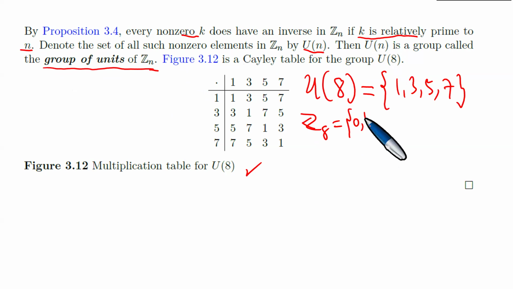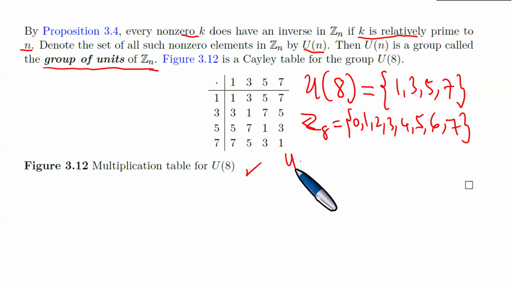Z8 is 0, 1, 2, 3, 4, 5, 6, 7. This is Z8. Let us look at U8.